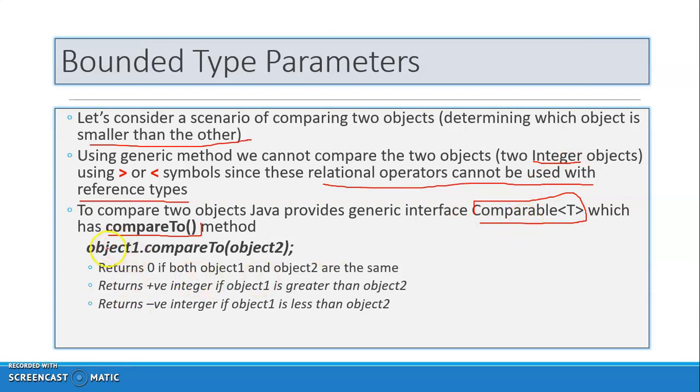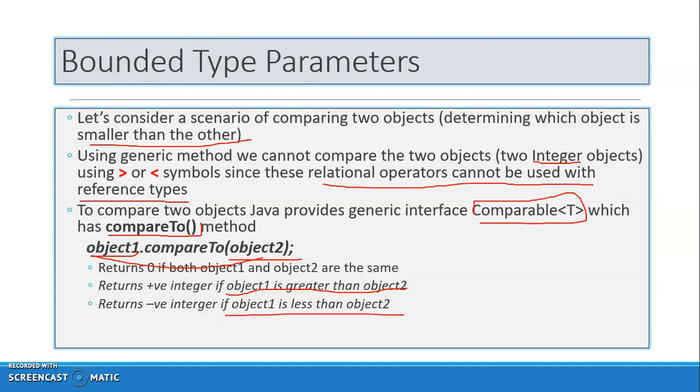Okay, so here's an example of how you can use it. If you have two objects, object 1 and object 2, you can say object1.compareTo(object2). If object 1 and object 2 are the same, it is going to return 0. But if object 1 is greater than object 2, then we are going to have a positive number. If object 1 is less than object 2, we are going to have a negative number.